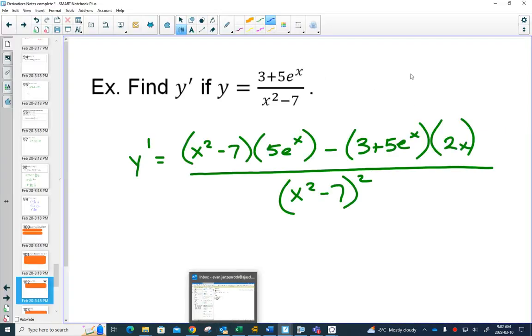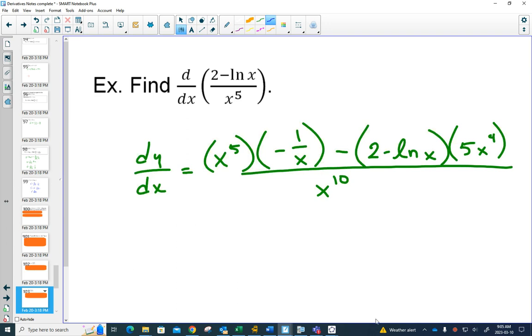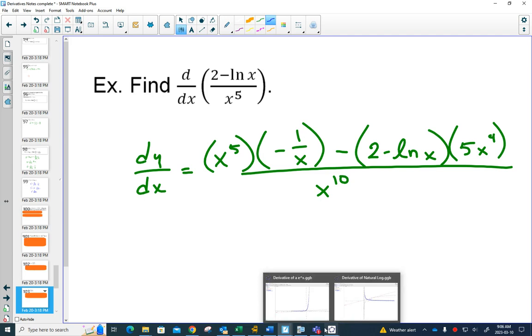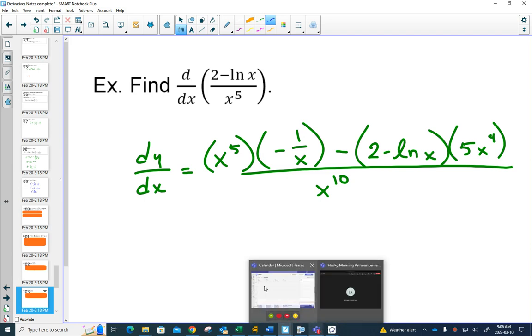Quotient rule. Whoa. Another quotient rule. And I didn't simplify this time, even though you could have easily taken an x out of that part and then factored out. Oh, this one is tempting to simplify.